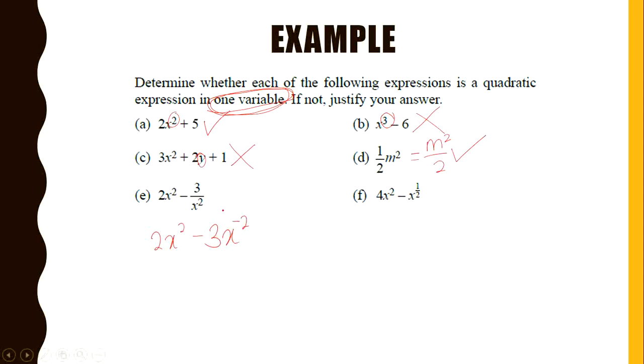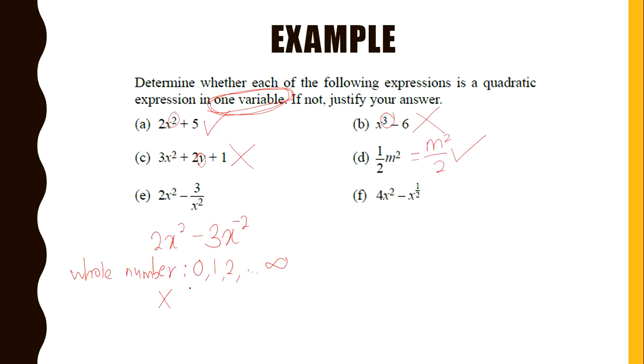Okay, tapi one more thing yang you all perlu tahu, quadratic expression ni, dia power dia must be whole number je. Power untuk variable dia must be whole number je. Selain daripada whole number, it is not a quadratic expression. Ingat tak whole number? Okay, whole number starts with 0, 1, 2 until infinity.